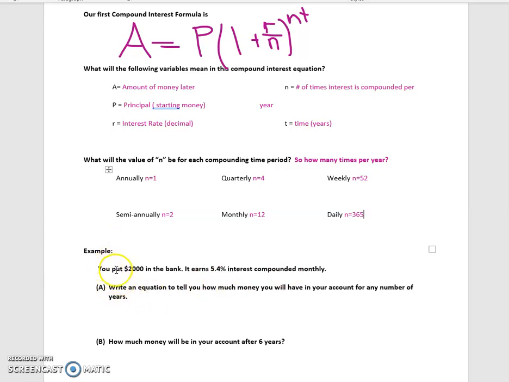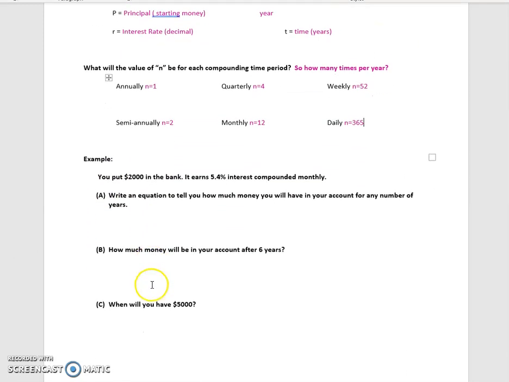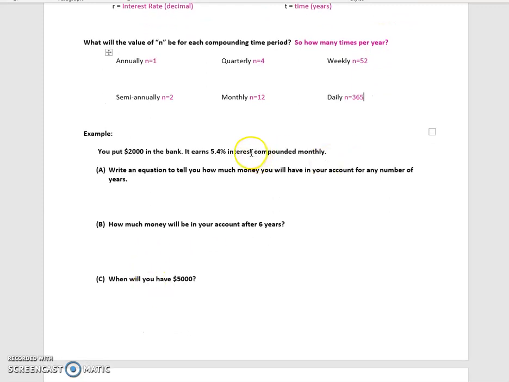Okay, so let's look at an example. You put $2,000 in the bank. It earns 5.4% interest compounded monthly. $2,000 in the bank, that's our initial value. So that's P. It earns 5.4% interest.